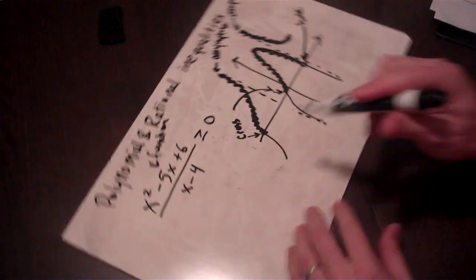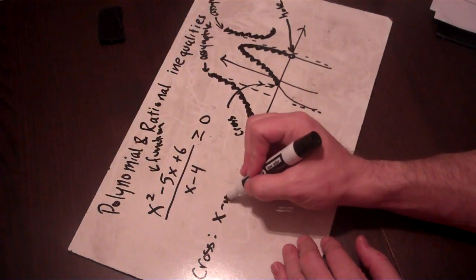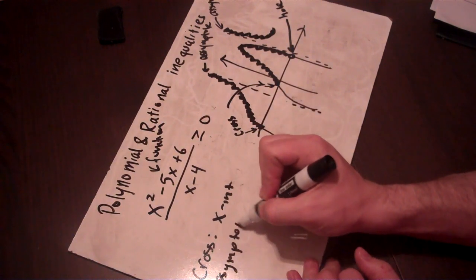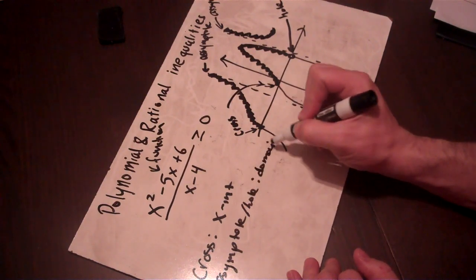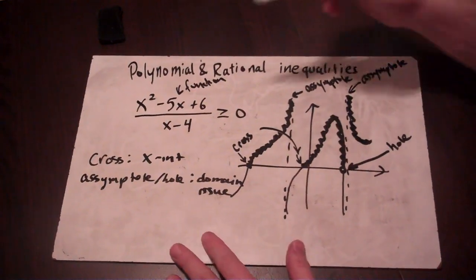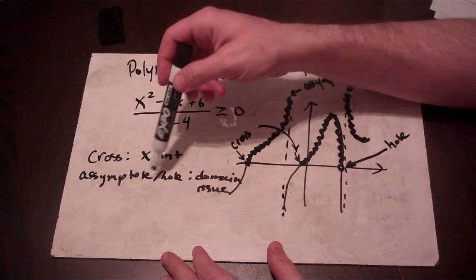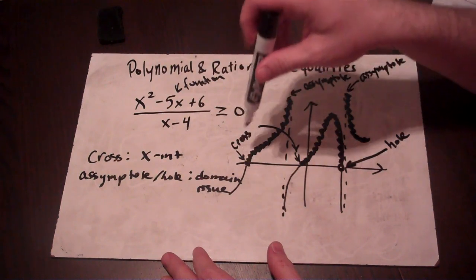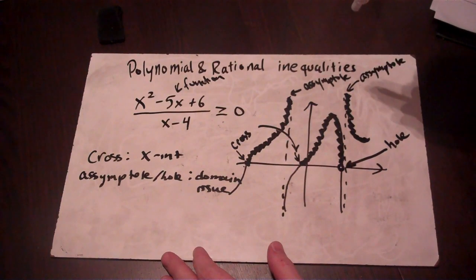Now when we cross the x-axis, that's an x-intercept. And when we have an asymptote or a hole, that's a domain issue. What that means is, if we could find all the places where we cross the x-axis, or where we have a domain issue, then that tells us where the possible endpoints are for the intervals of being above the x-axis.